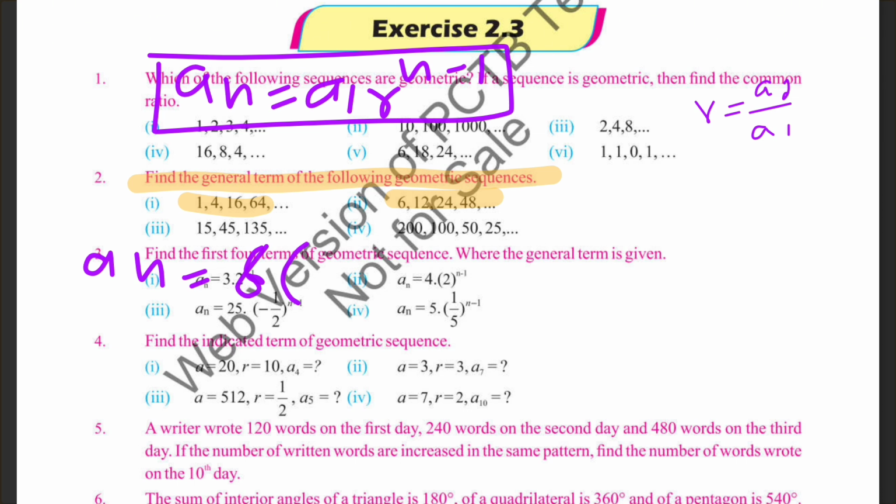Now put a2 as 12 over 6. Simplifying, 12 over 6, and the answer is 2. Here is 2, and the exponent is n minus 1. It is the answer.